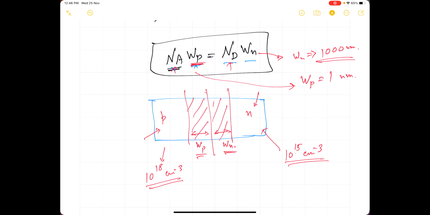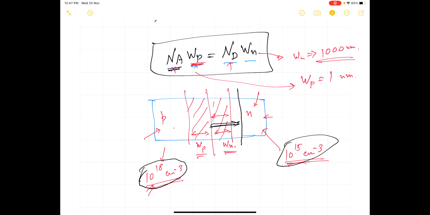So if you have a very low carrier concentration on the n side, the width will be much larger compared to the other side, because the p side is already heavily doped. So the depletion width will be much more inside the n-type compared to the p-type, and the p-n junction will shift accordingly.